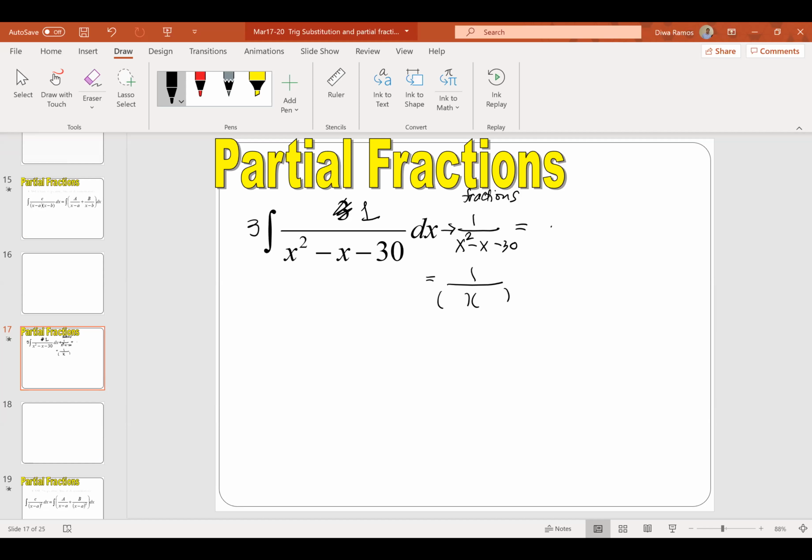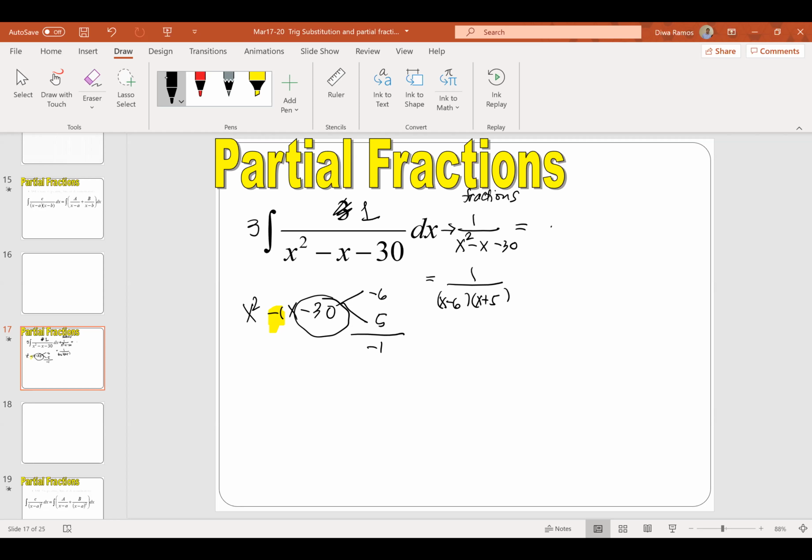We can factor x squared minus x minus 30 as x minus 6 times x plus 5, isn't it? On the side, you have a trinomial, you look at the last term, you think of two numbers that multiply to negative 30 but add up to negative 1, which is the middle term over here. And the only thing that fits that description is negative 6 and positive 5. So negative 6 times 5 is negative 30, but if we add them, it's negative 1.